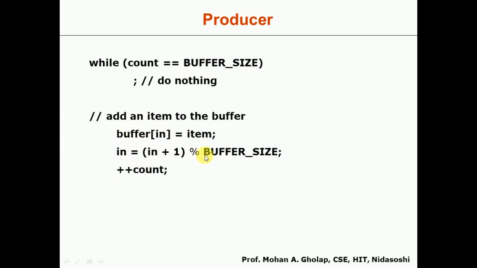So we have to use mod buffer size here. As a result, you have added one block of data to the buffer. To indicate this, we also increment the count value by 1, so it is count plus plus. This is how you can implement the producer process.